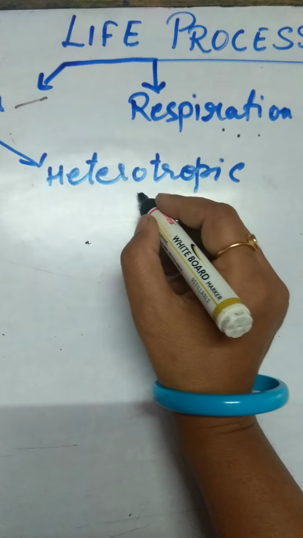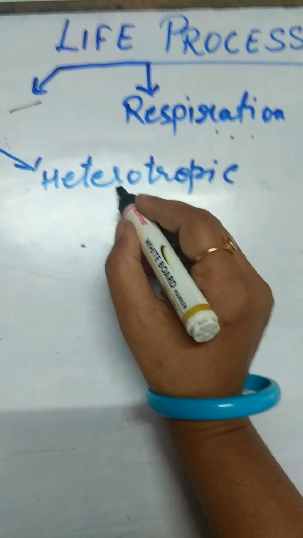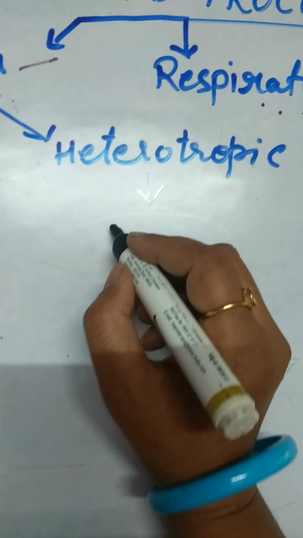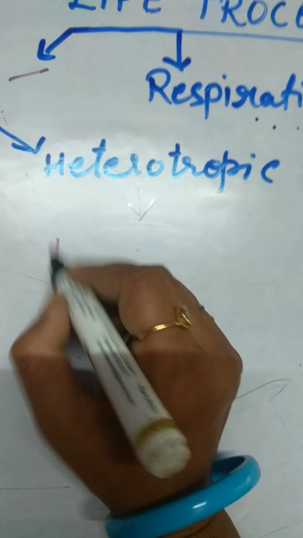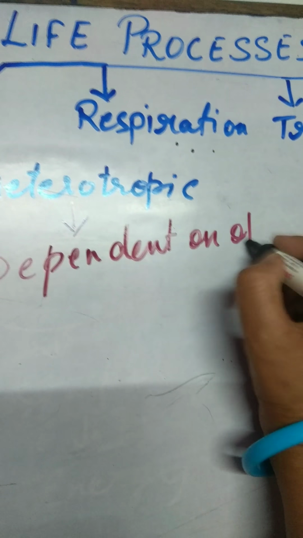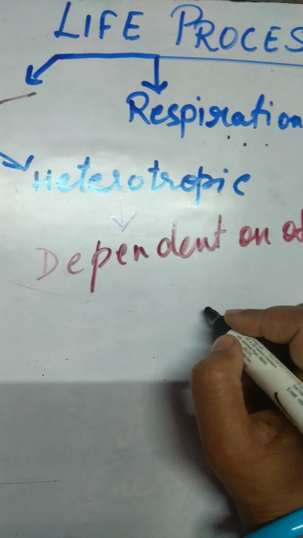Now, heterotrophic: organisms which are dependent on other. They are dependent on others.